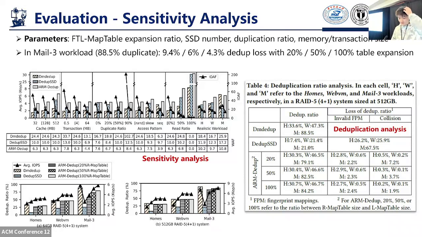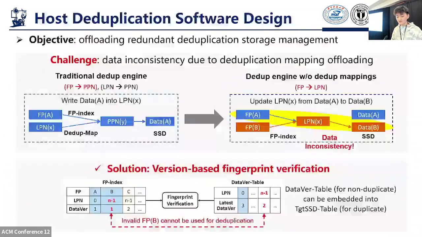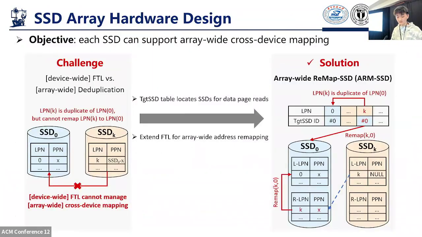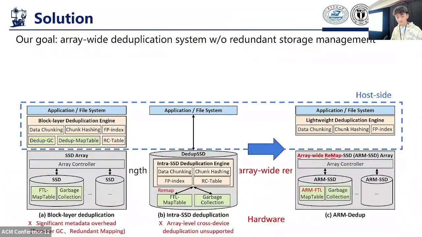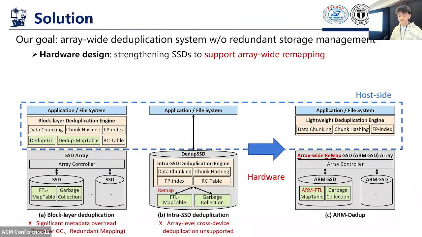Okay. In our design, we actually need more DRAM in SSD to maintain the remote mapping table. But we want to say that we do this design from the overall architecture overhead, since we reduced the system overhead, we reduced the deduplication mapping table.